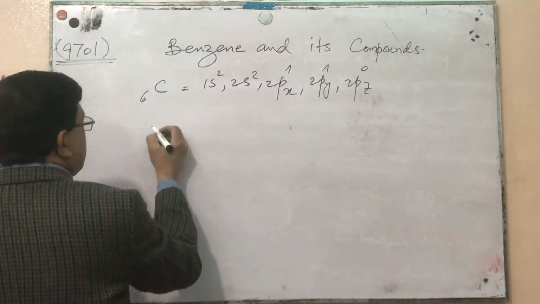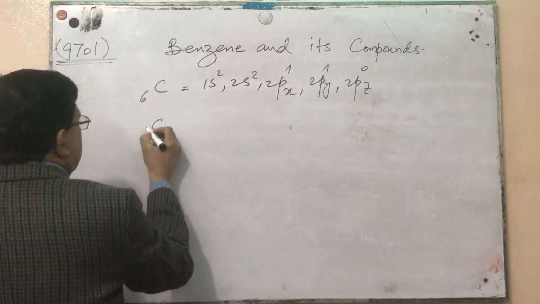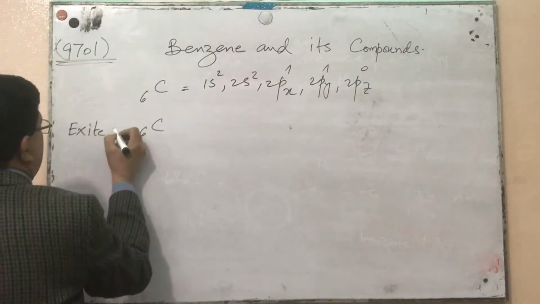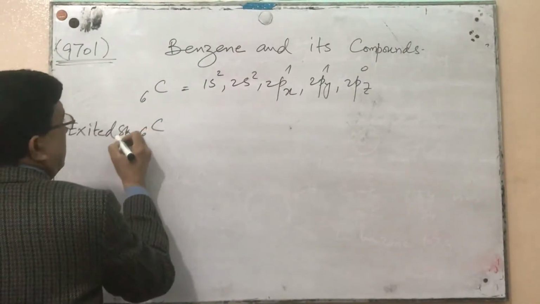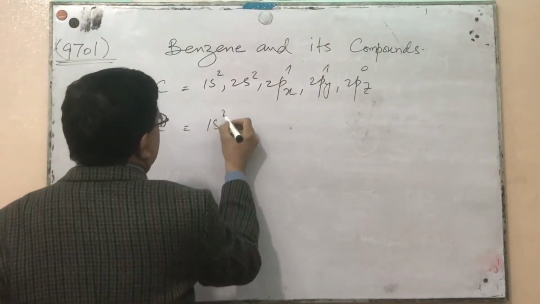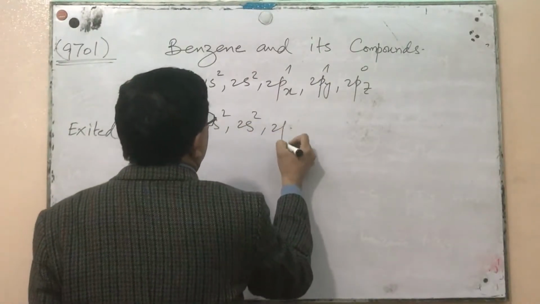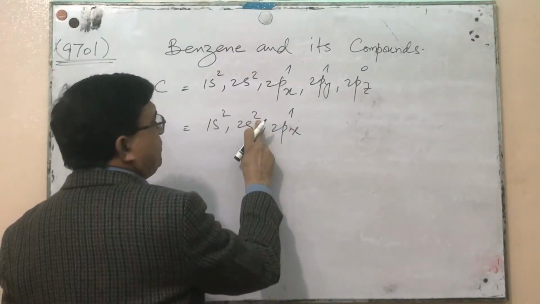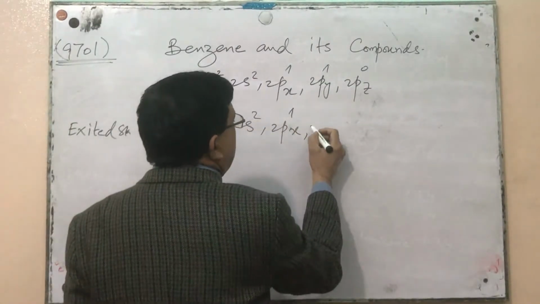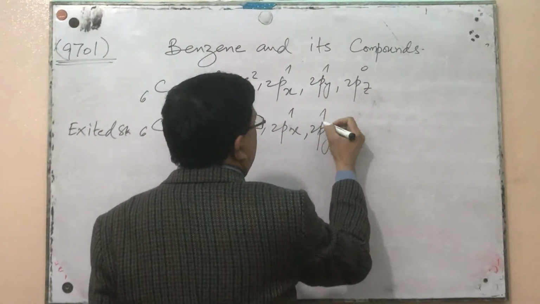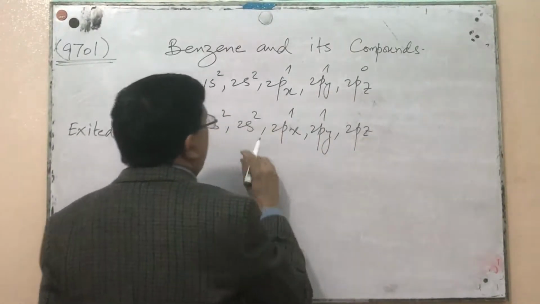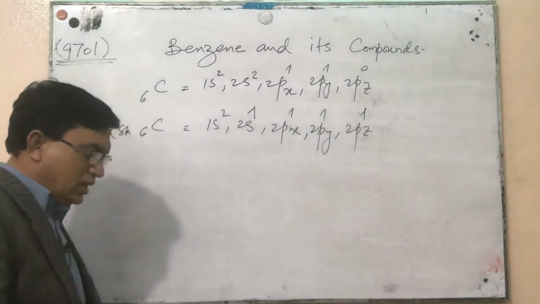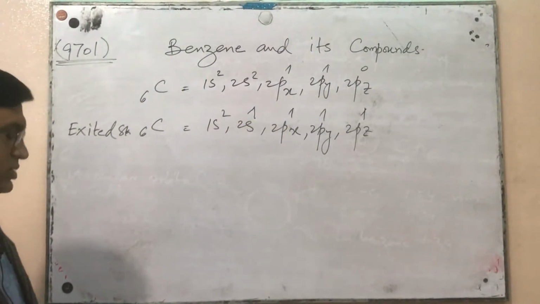But in the excited state, it becomes 1s2, 2s1, 2p_x1, 2p_y1, 2p_z1. One electron is shifted from 2s to 2p_z, and automatically carbon becomes tetravalent.